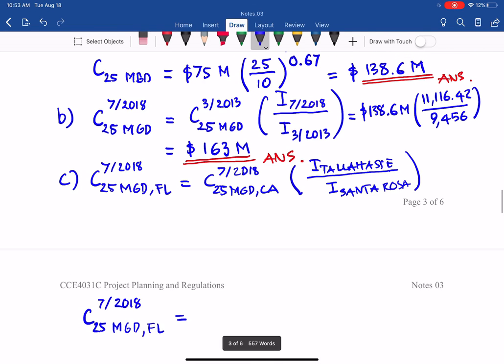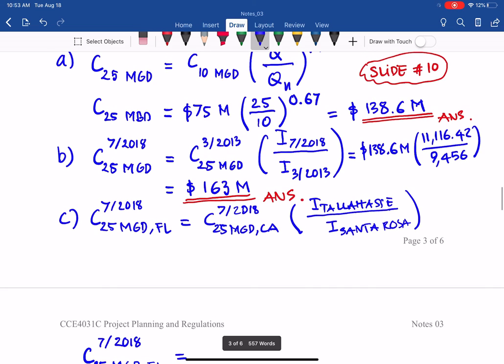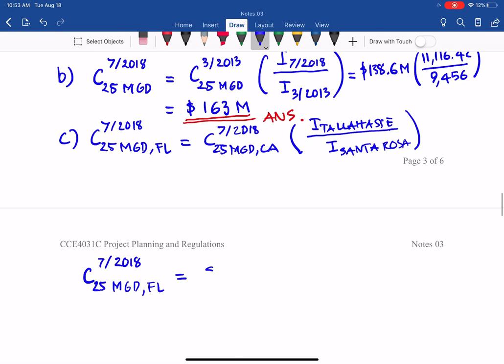For 25 million gallon per day built in Santa Rosa in July 2018, that is 163 million, which we did in problem B. Then we need the location factors for Tallahassee and Santa Rosa.